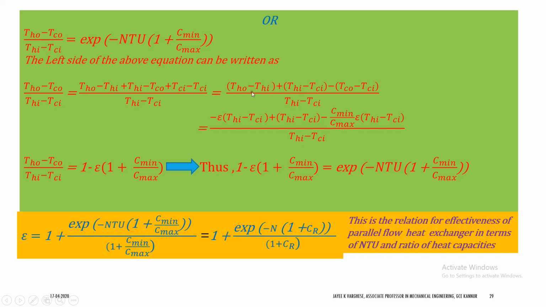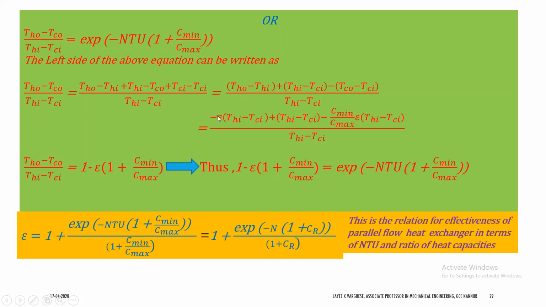So what we do, THI minus THO is equal to, we have hot fluid as the minimum fluid. Hot fluid is the minimum fluid. So this can be connected to THI minus THO as epsilon, the effectiveness, into THI minus TCI, because THI minus THO divided by THI minus TCI is equal to epsilon.